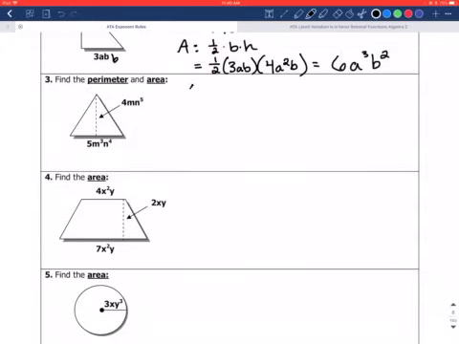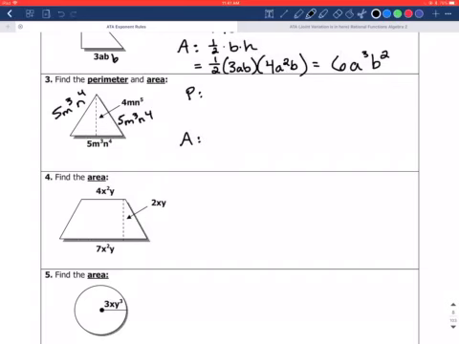So again, that's a triangle, and the area of this one. The perimeter should be, if it's an equilateral triangle, 5m to the 3rd n to the 4th for all 3 of them, if I'm not mistaken. Yes, it is. So you would do that and add it 3 times for the perimeter.